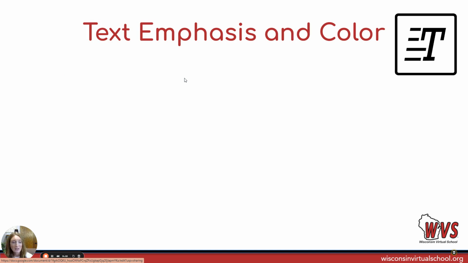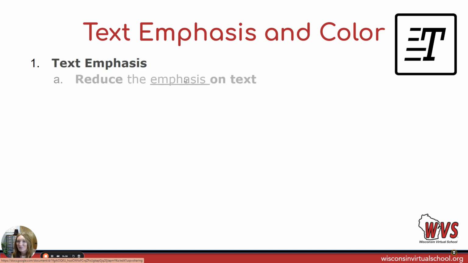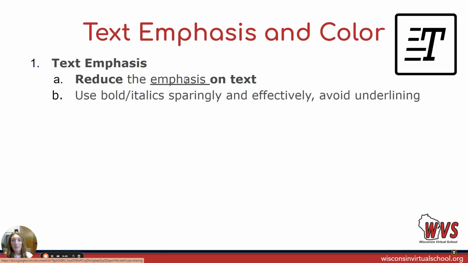So text, emphasis, and color. Again, we love emphasis as teachers. So sometimes when we are trying to get a point across, we will bold, we will highlight, we will underline. And when we're doing that, we are actually distracting from our message. Not only that, but these pieces, such as underline, are used in different ways and can mean different things to learners that are really heavily relying on those in regards to accessibility.